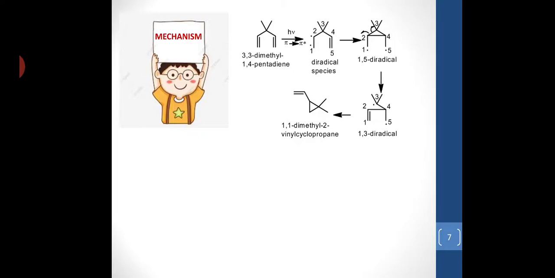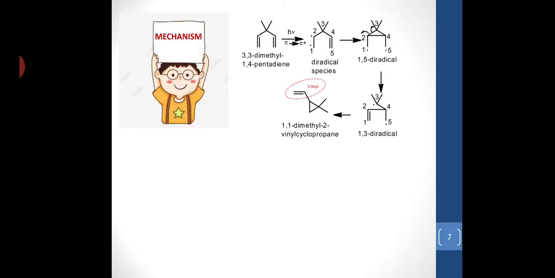The 1,5-diradical then gets converted to a 1,3-diradical by homolytic cleavage of the C2-C3 bond. Finally, the radicals at 1 and 3 positions with respect to each other combine to form the cyclopropane ring, giving rise to the product, a vinyl cyclopropane derivative.